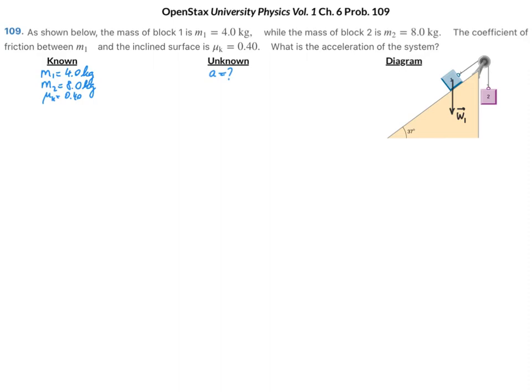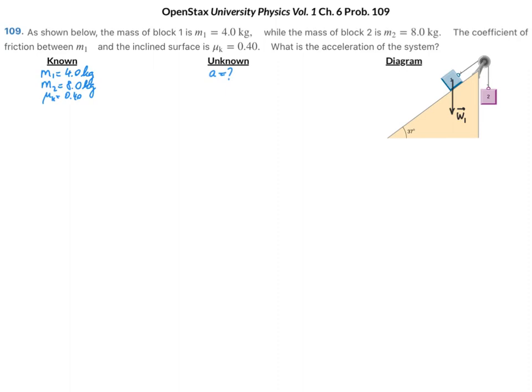Now, as a result of that weight pulling down on it, a block that wouldn't be sitting on a table would fall straight down, right? Well, it's not falling down because this surface is holding it up. So there is a force between the object and the table. That force is called the normal force.